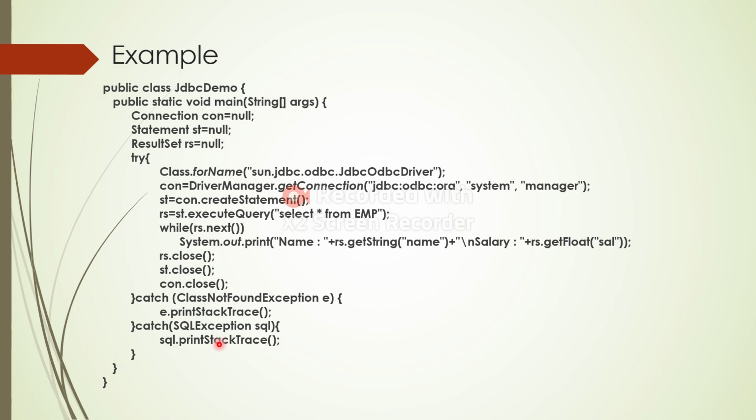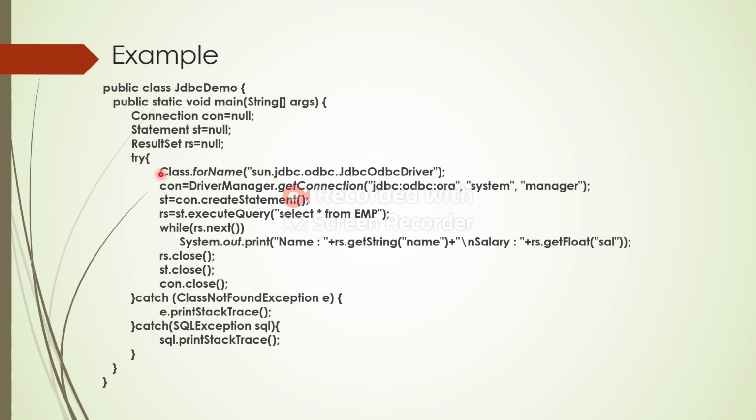If it is a checked exception, it is not going to compile your program, so you have to handle it properly. You have to use the try catch block. Just remember the concept of exception handling that we have discussed.